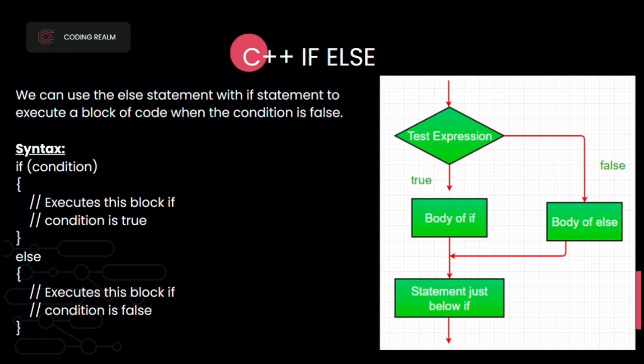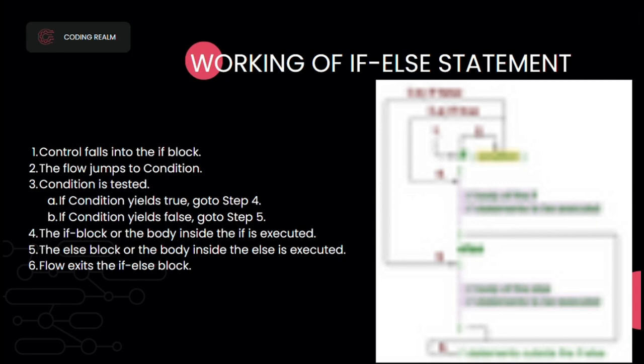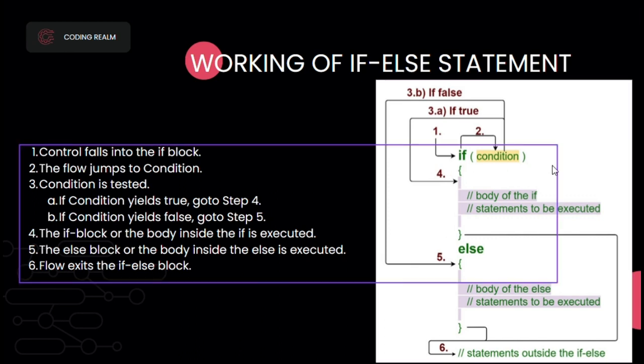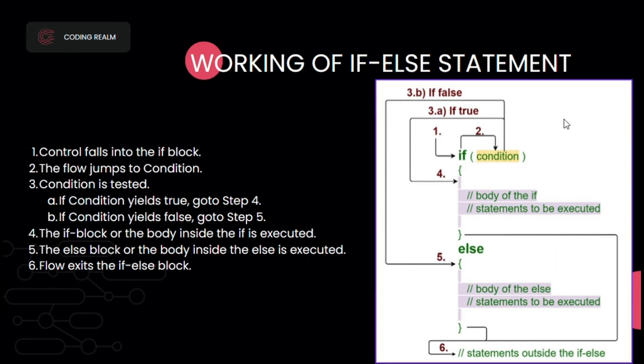Let's show now how the if-else statement works in C++. Step 1, control falls into the if block. Step 2, the flow jumps to the condition. We need to check if it's true or false.